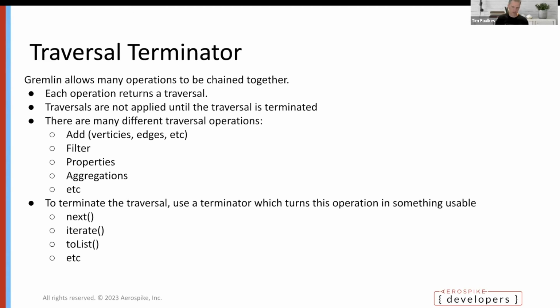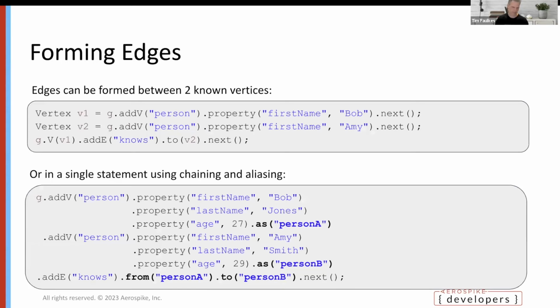To terminate them, I can do next. That will return a single result. If I'm getting a list, I can do iterate to iterate over the list, or I can do toList to get a list as a result, and so on. So you'll see that each of the statements that I'm going to present will end in some form of a terminator to tell Aerospike Graph Service, hey, I want you to go and apply this onto the database. Go and save this information into the database.